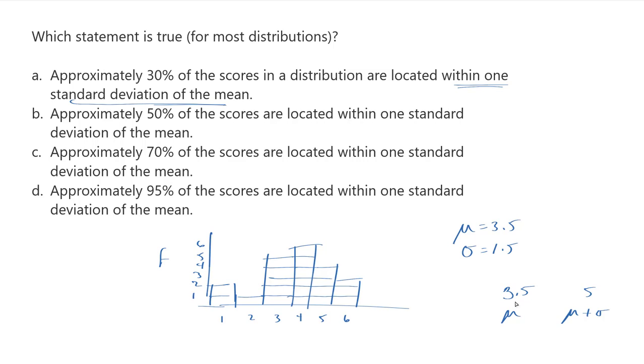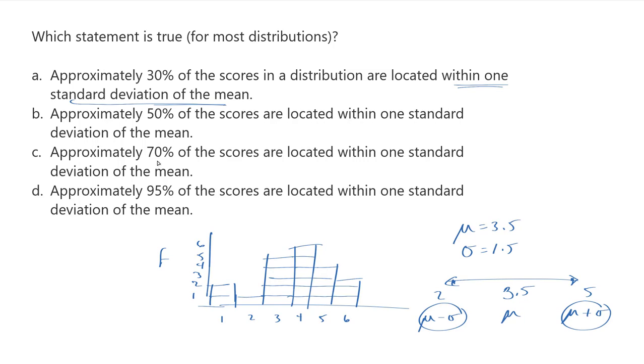Or if I went the other way, the mean minus a standard deviation, that would be 3.5 minus 1.5, which is 2. So what they're suggesting is they want us to identify what percentage of scores are within the range from 2 to 5 in this example, or very simply just within one standard deviation of the mean, above or below.